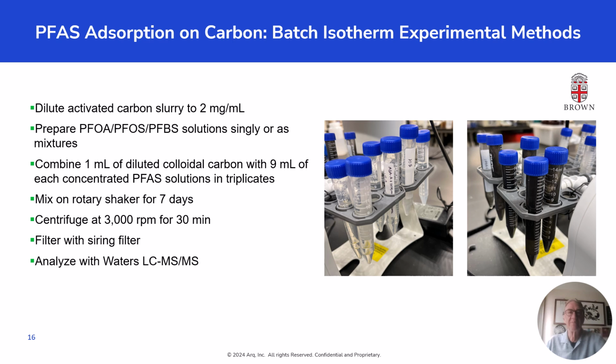We can build a basic absorption isotherm for each type of carbon and each contaminant. This is done by first preparing activated carbon and PFAS solutions with varying amounts of activated carbon, allowing the mixture to equilibrate, and analysis with liquid chromatography mass spectrometry.